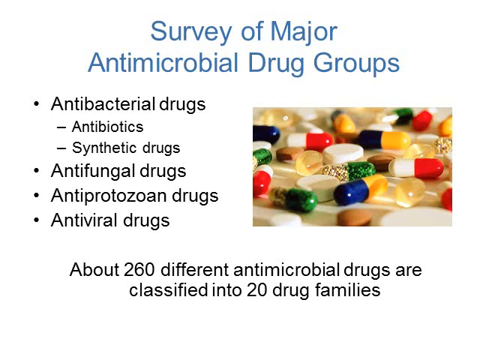So, just a survey of major antimicrobial drug groups. There's a lot of drug groups, and they go into details in your book. I'm basically just going to be looking at more the general. So you have antibacterial drugs. These are drugs that work against bacteria cells. You can have antibiotics that are naturally produced or synthetic drugs that work against bacteria.